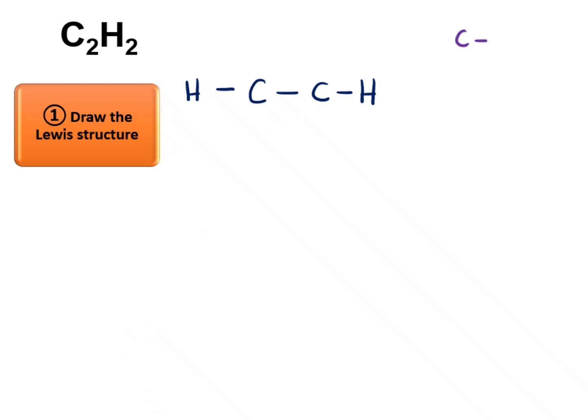Okay, so carbon placed in group 14, so the valence electron is 4 electron, while hydrogen placed in group 1, so valence 1 electron. So we know that carbon consists of 2 atoms, while hydrogen also consists of 2 atoms. So the total electron here is 10 electron.